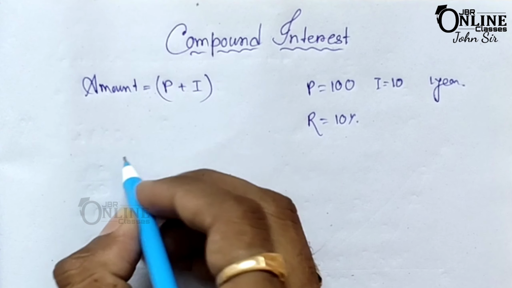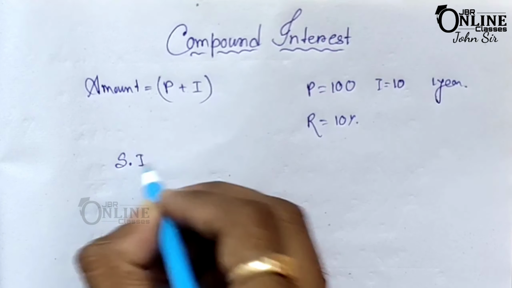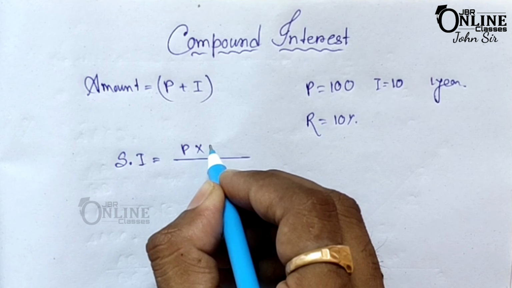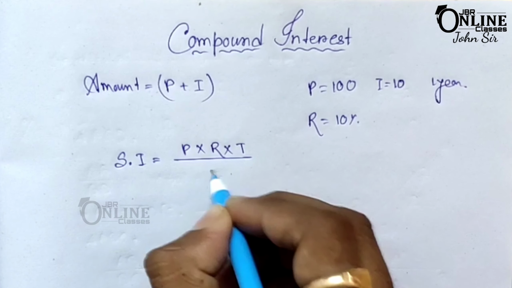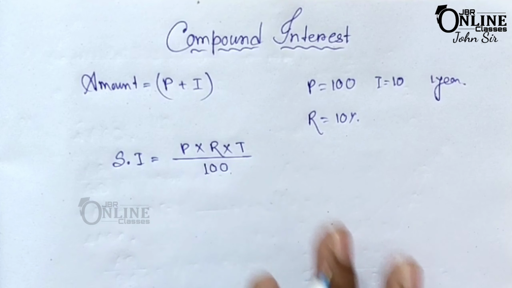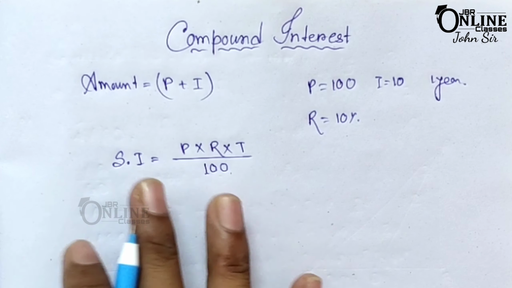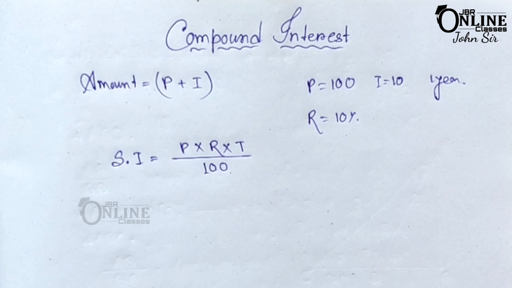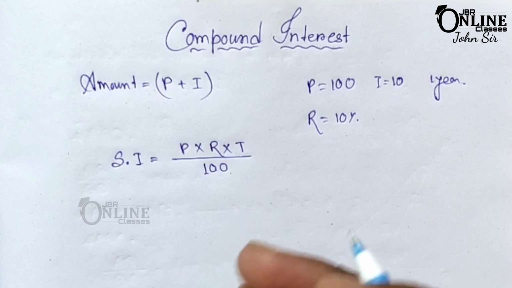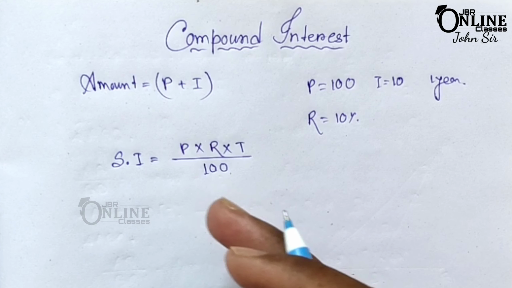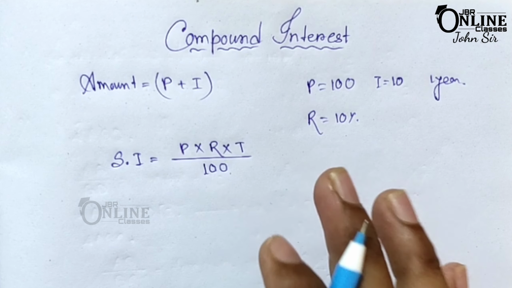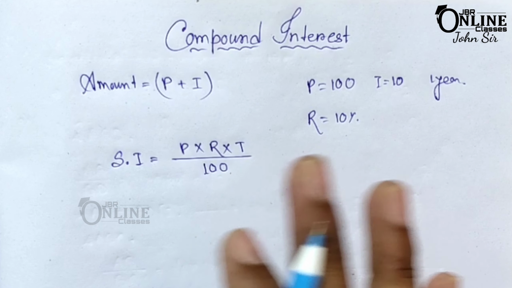So here is the formula for simple interest. The formula is principal into rate into time divided by 100. That means to find simple interest, the formula is P into R into T by 100. Now next, what is the difference between simple interest and compound interest? In simple interest, the principal remains constant for the whole time.